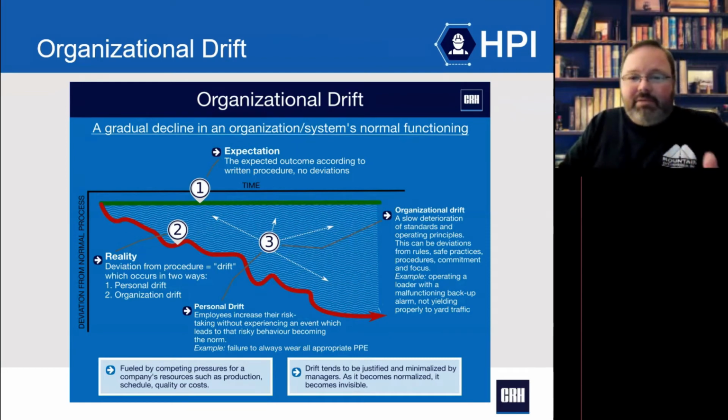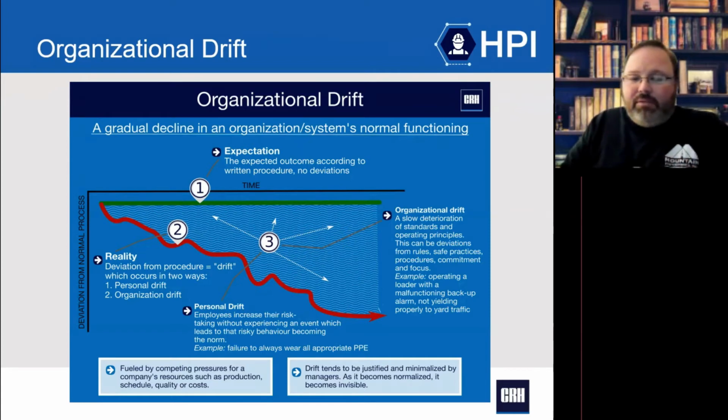Now, organizational drift, on the other hand, is a slow deterioration of standards and operating procedures. This can be deviations from the rules, changes in our procedures that aren't written down. They use the example here of operating a loader with a malfunctioning backup alarm and not yielding properly to yard traffic.